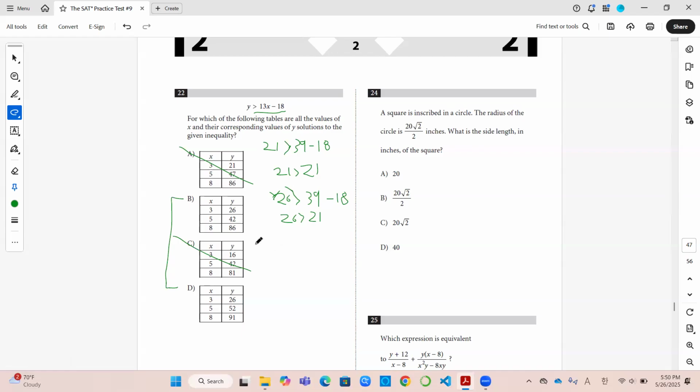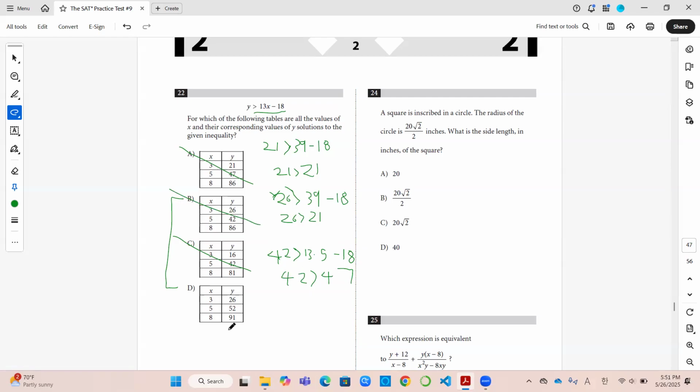Let's put 5 here. So we'll check if 42 is greater than 13 times 5 minus 18. So 42 is not greater than 47.